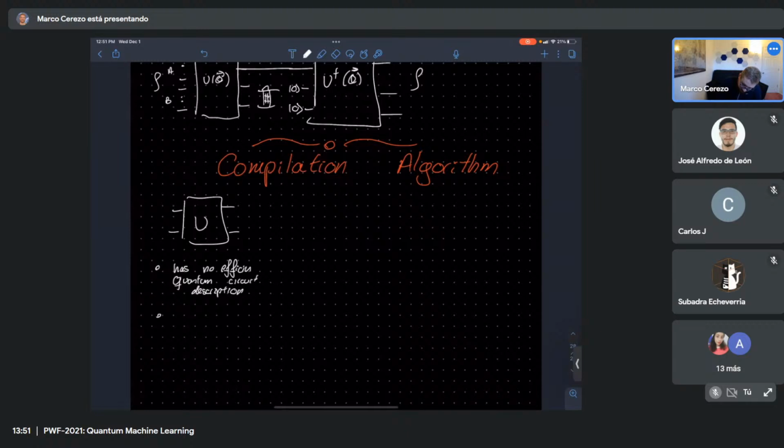Maybe this U is just given by the evolution under some unknown Hamiltonian that is hidden. Maybe it's my system evolving, and I don't know how my system evolves. And what I want to do is try to take this, and this is already starting to play into quantum simulations, right? How do we simulate quantum systems? This is one way in which we could try to simulate a physical evolution that we don't have access to. We don't know how the system evolves because we don't know the Hamiltonian. But maybe what we can do is try to learn that evolution through a quantum circuit.